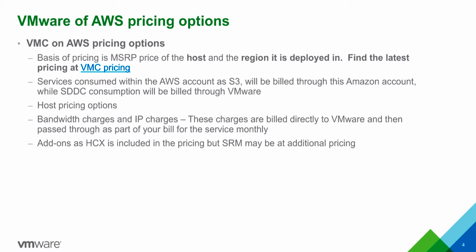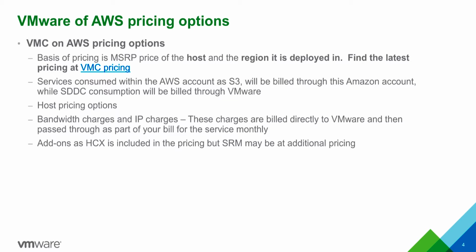If you saw when you deploy an SDDC, you need an AWS account. Any service consumed in the AWS account, for example S3, will be billed through this Amazon account separately. However, any SDDC consumption will be billed through VMware.